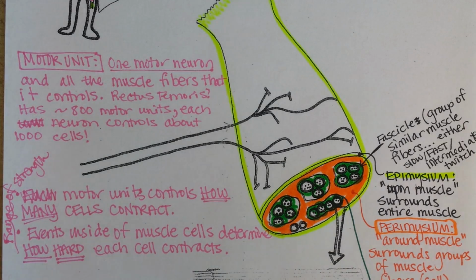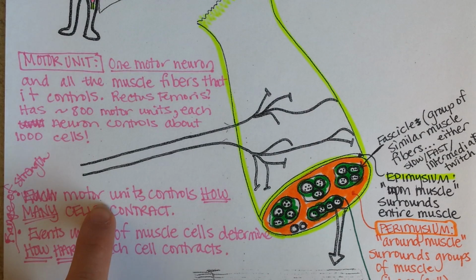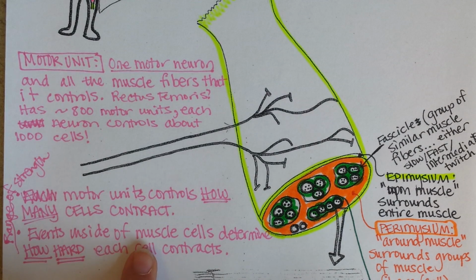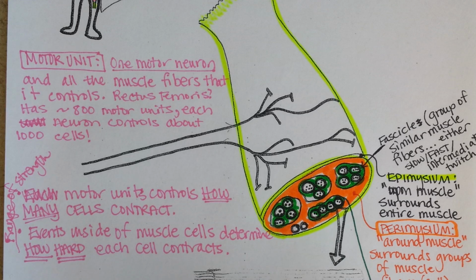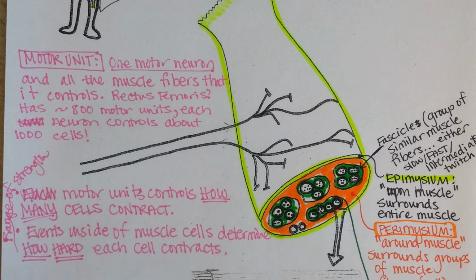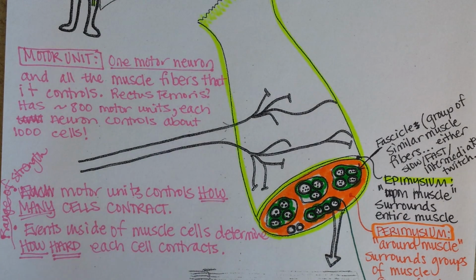So we have fine motor skills and power from the same muscles, depending on how many motor units we contract and then how hard each of those muscle cells is individually contracting. I'm going to stop there, and then we'll go and look at the microscopic anatomy of these muscle cells in the next video.